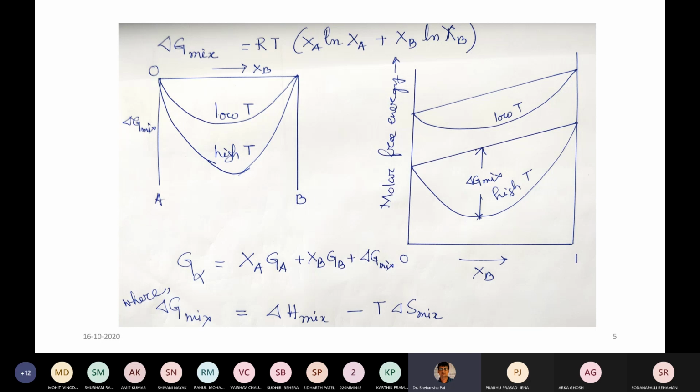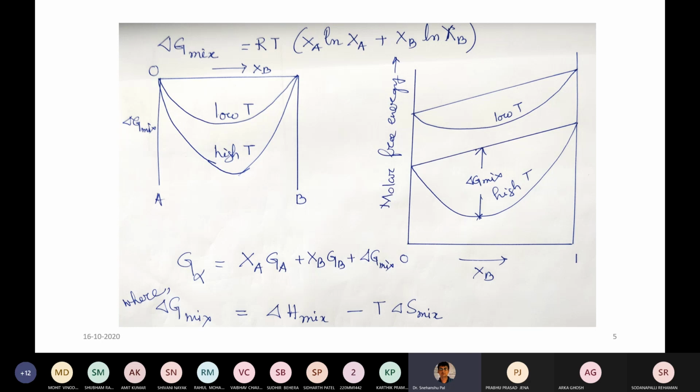If the temperature is increasing, GA and GB decrease and the free energy curve assumes greater curvature. If your temperature increases, you are going to get a free energy curve having greater curvature, and the decrease in GA and GB is due to the thermal entropy component of both components. So why is it decreasing? Due to the thermal entropy component.